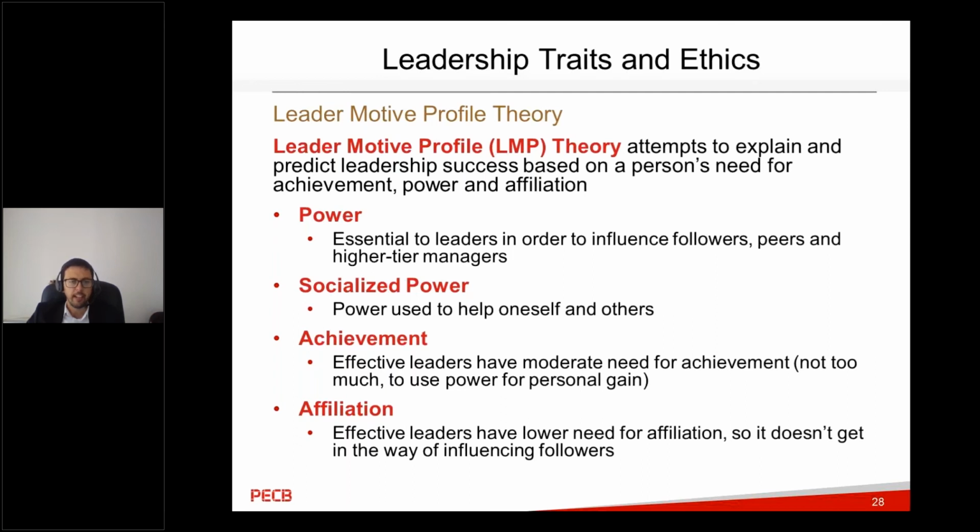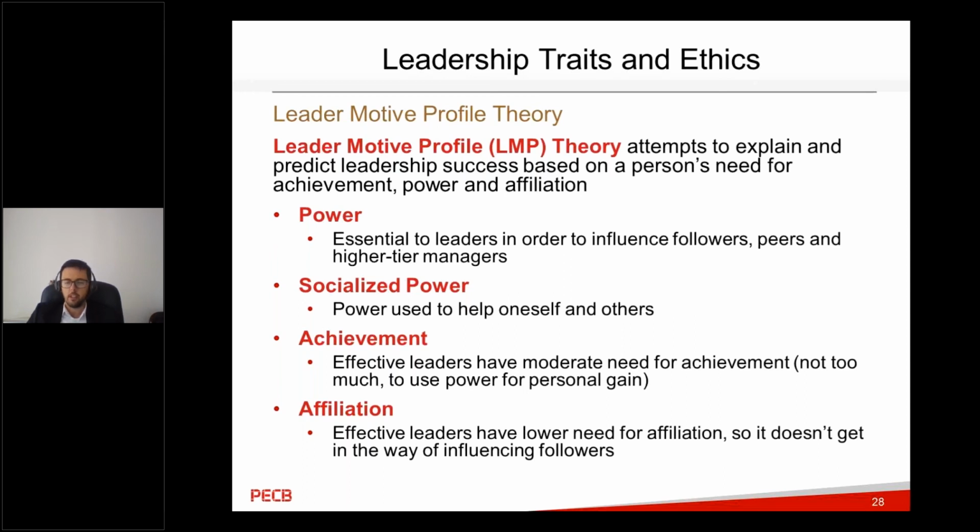So now the closest we can get to creating this leadership motive profile is the LMP itself. The LMP includes, or the ideal leader is the one who has a high need for power, but this power is socialized. That is greater than the need for affiliation and with a moderate need for achievement.